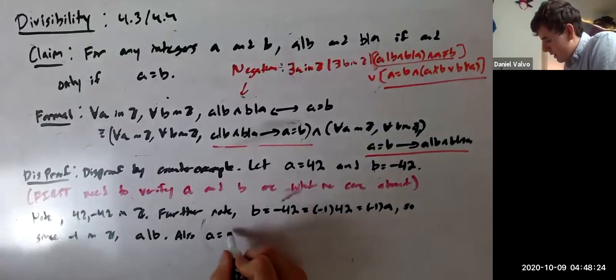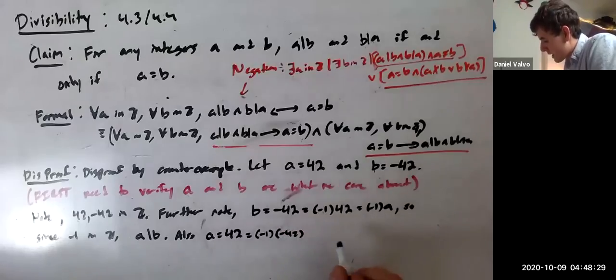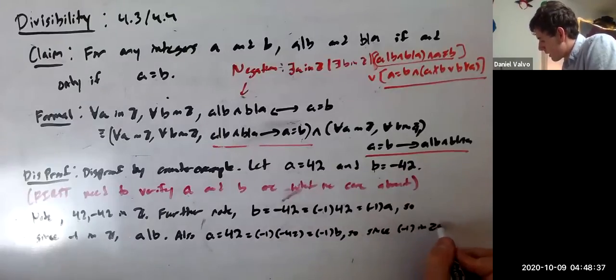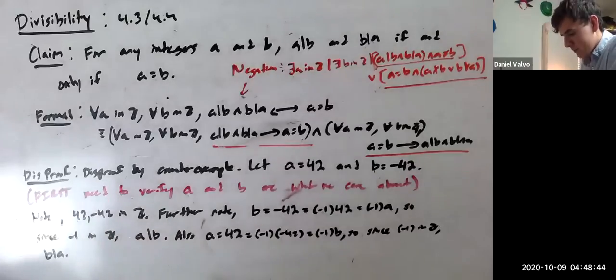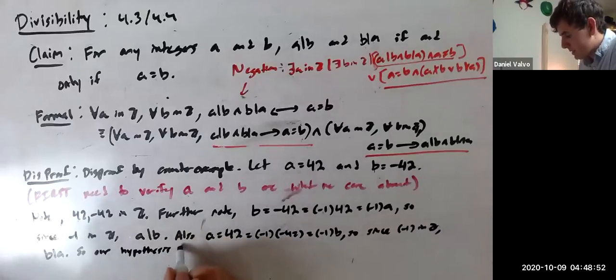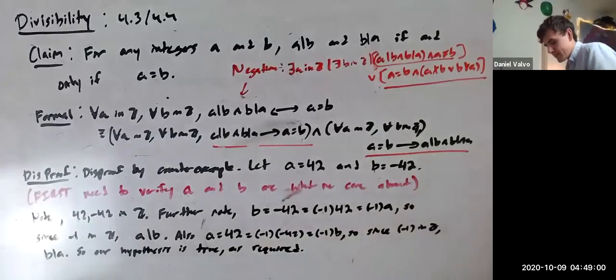Also, A equals 42, which equals negative 1 times negative 42, which equals negative 1 times B. So since negative 1 is in Z, B divides A. So our hypothesis is true as required.